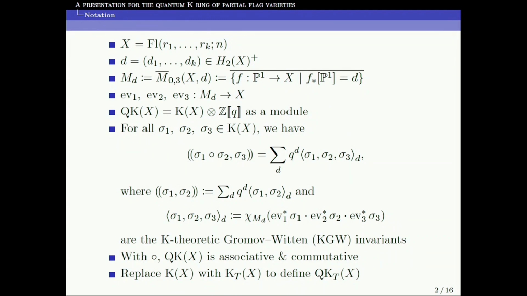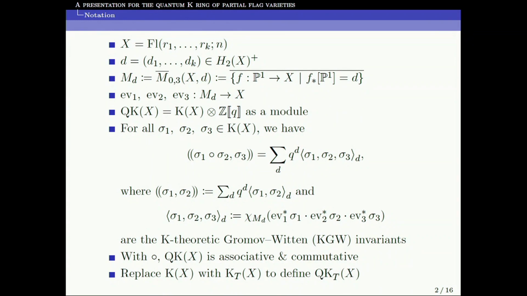So these are quite analogous to quantum cohomology, but one difference is that in quantum K theory, the structure constants are generally not just one single Gromov-Witten invariant. Rather, they are combinations of many Gromov-Witten invariants. It has to be this way for the ring to be associative.